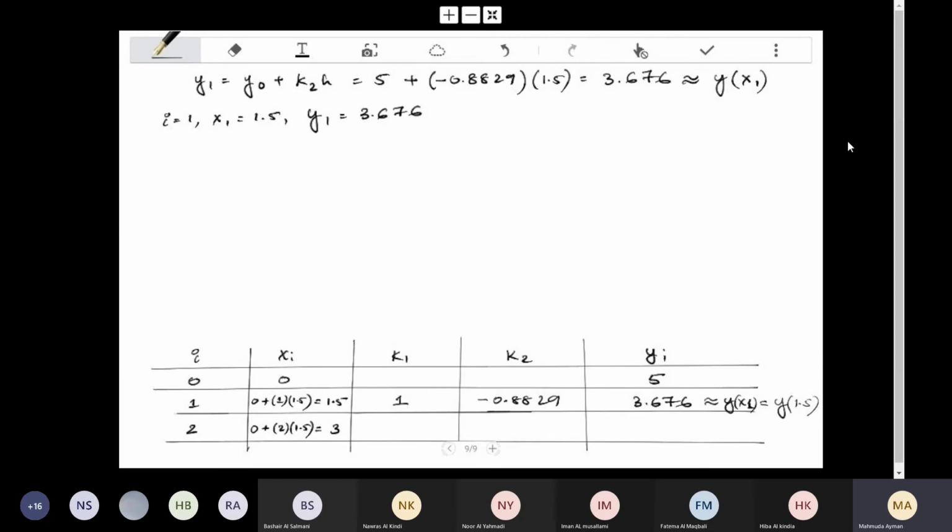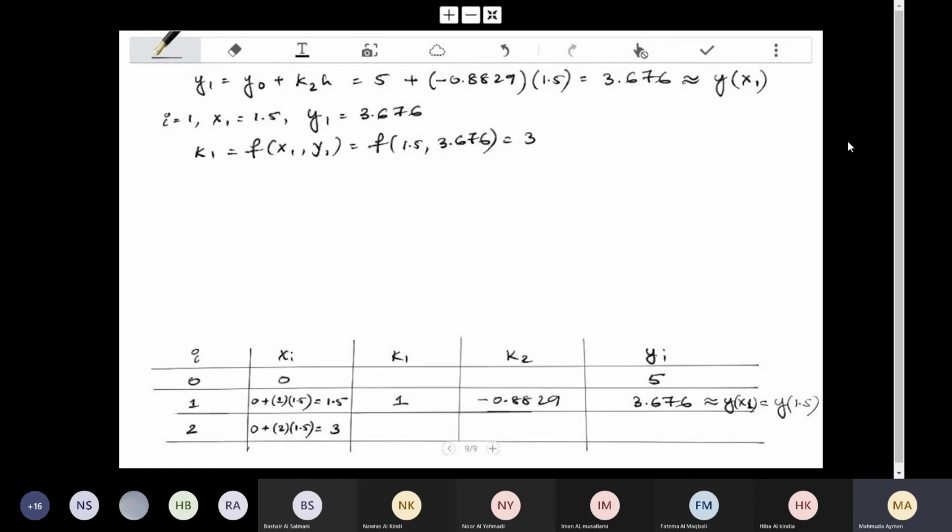So we have y1 that we just got here is 3.676. Now we have to find out the value of k1, which is the function at x1 comma y1. So you have function at x1, which is 1.5, comma y1, 3.676 here.